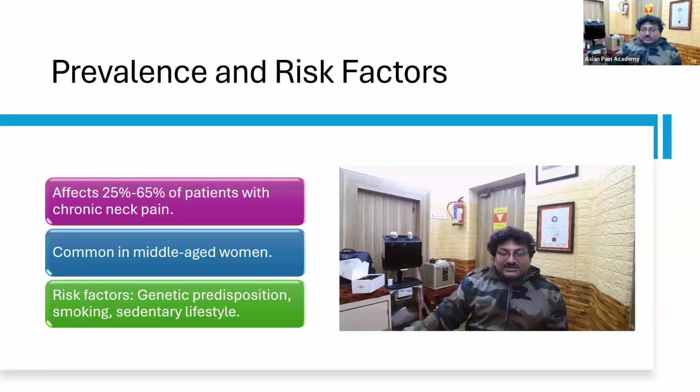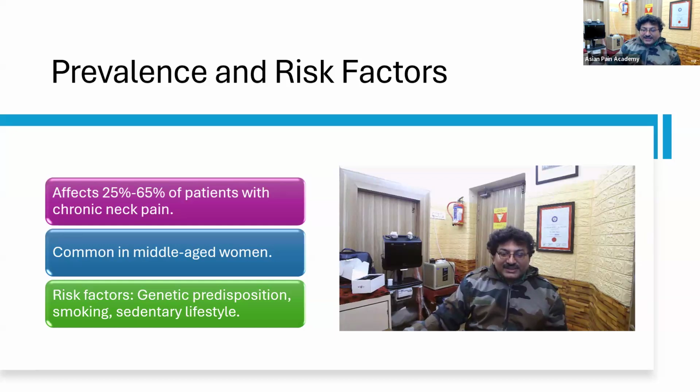Now, it happens commonly in middle-aged women and sometimes in men also. It is sometimes associated with whiplash associated disorders, that is the acceleration-deceleration type injury. Sometimes it could be associated with other traumas, sometimes with inflammatory disorders, and definitely sometimes with degenerative disorders.